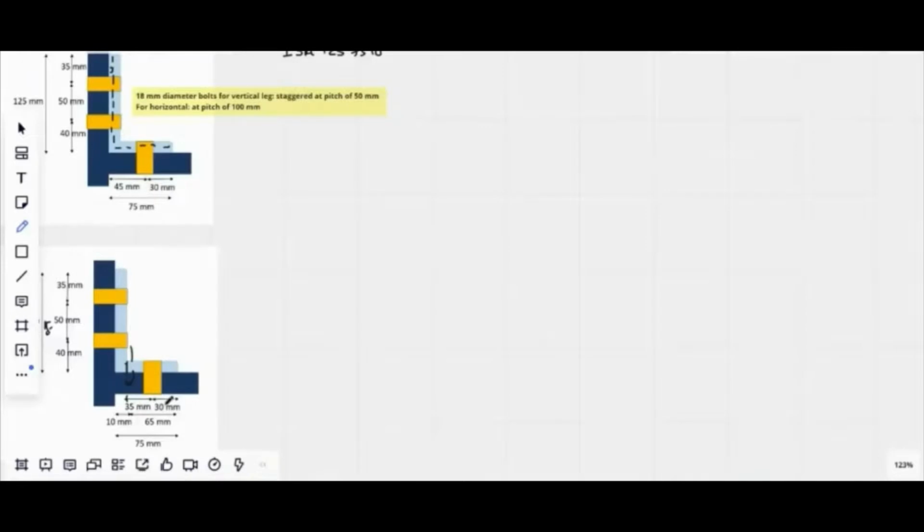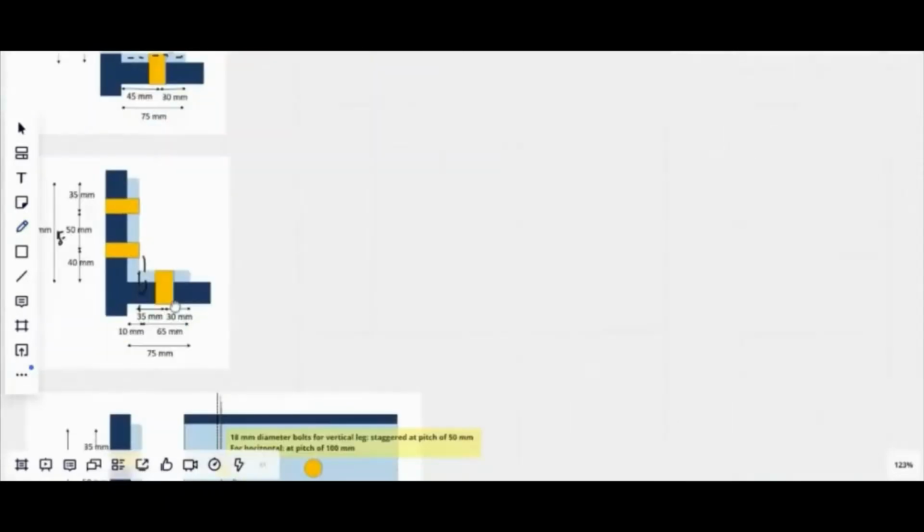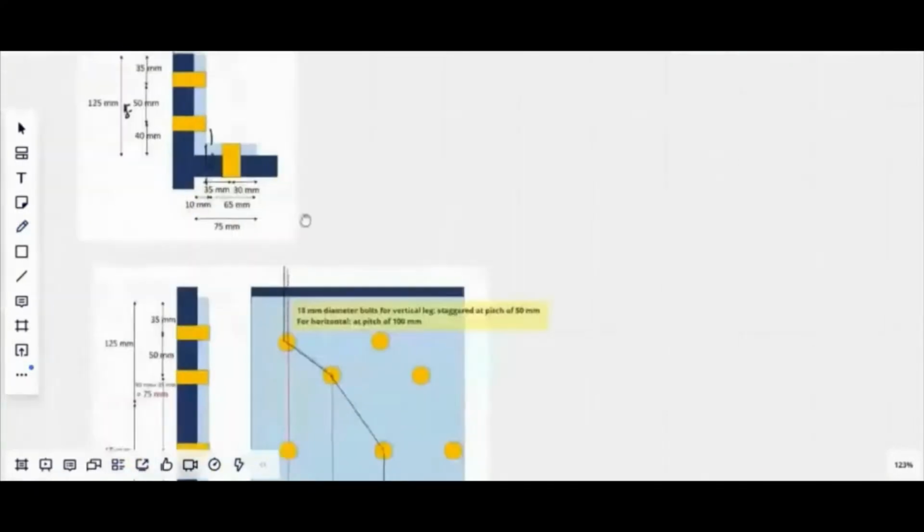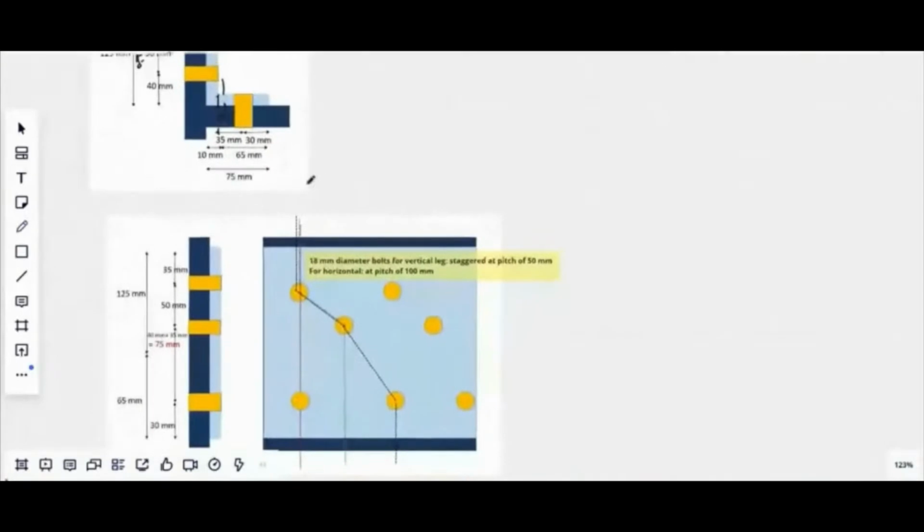When I unfold the angle, generally when I find the center to center distance, it has already been seen that the distance from the start of the angle section to the center of the bolt was 35.